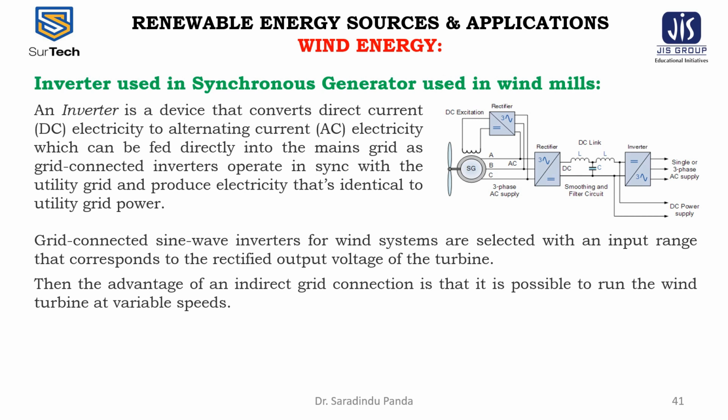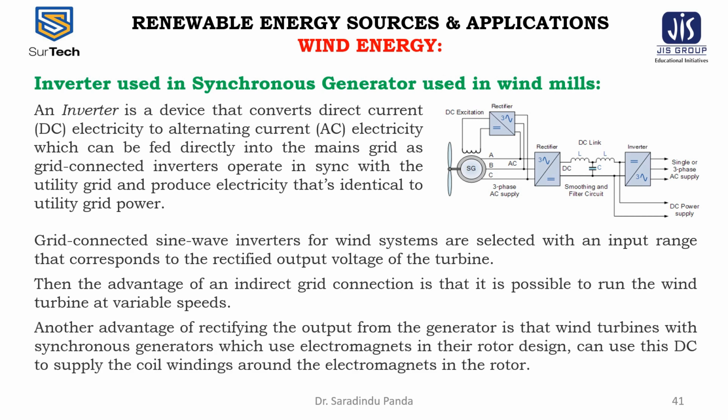Then the advantage of an indirect grid connection is that it is possible to run the wind turbine at variable speeds. Another advantage of rectifying the output from the generator is that wind turbines with synchronous generators, which use electromagnets in their rotor design, can use this DC to supply the coil windings around the electromagnets in the rotor.